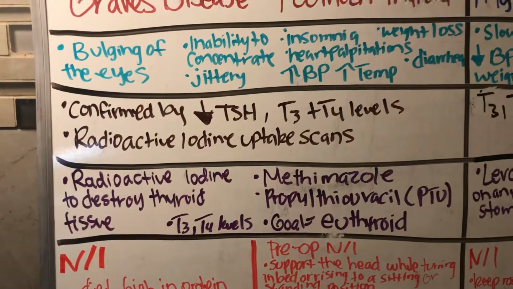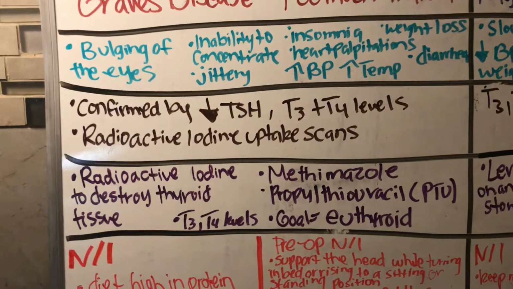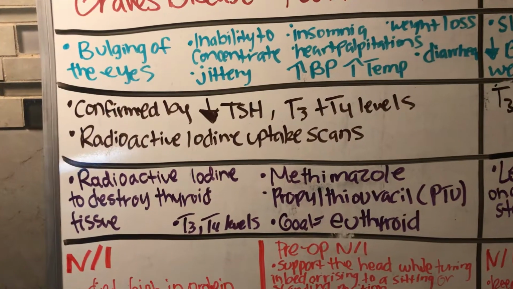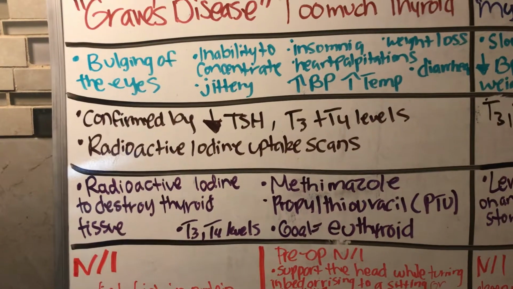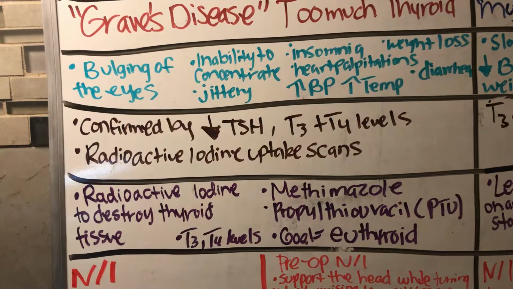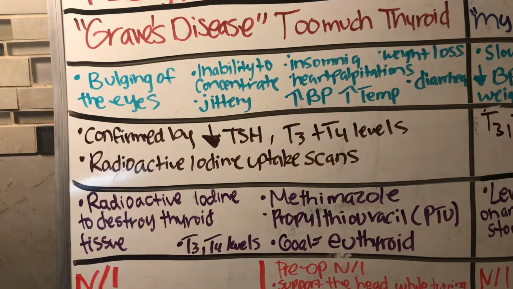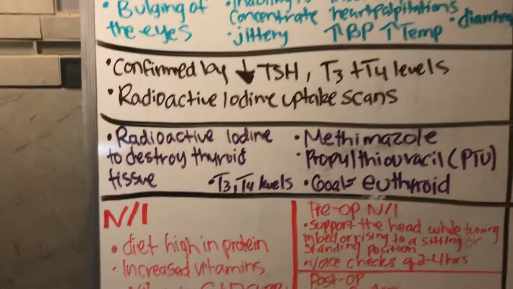So for the diagnostics, it's confirmed by a low TSH. They check the T3 and T4 levels, and they also do a radioactive iodine uptake scan. And for nurses who are pregnant, they cannot be around that, and they also can't see patients for up to a couple of days after they've had this radioactive iodine.